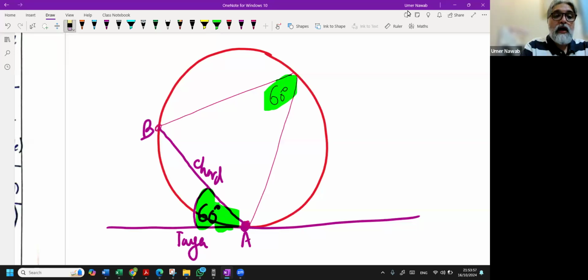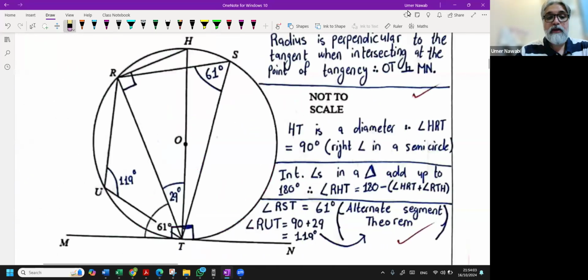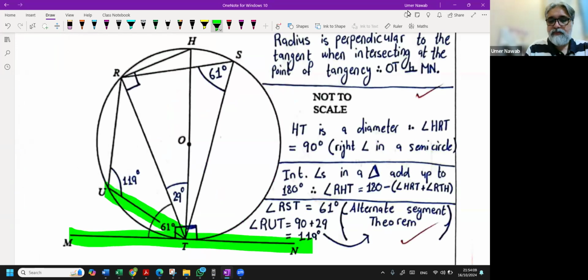Agreed? So I am also expecting the alternate segment theorem property because I have a tangent here. So imagine this is the tangent and this is the chord, boys. Sorry, this chord I'm talking about, not UT, this chord. So what is this angle? This is 61.